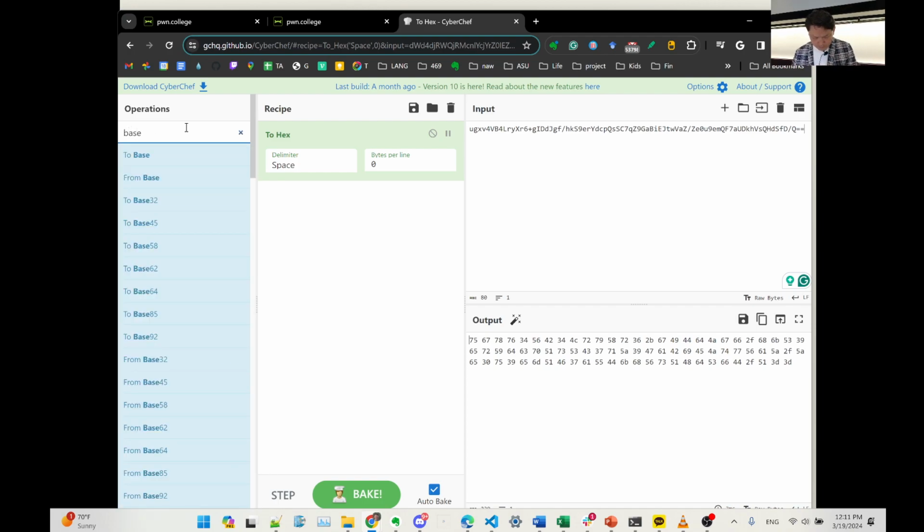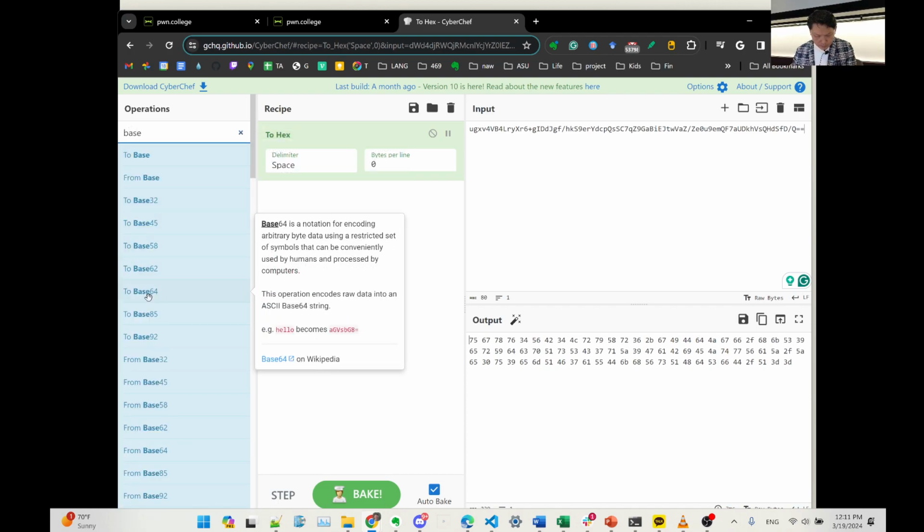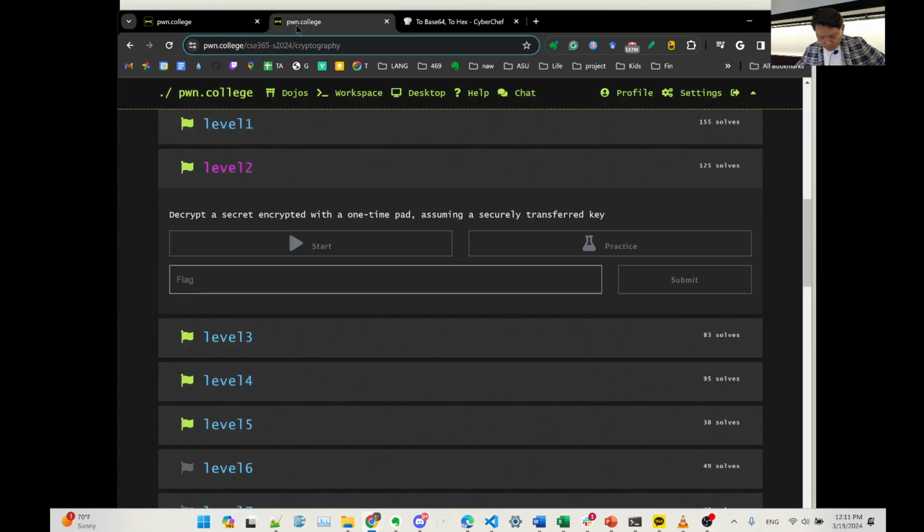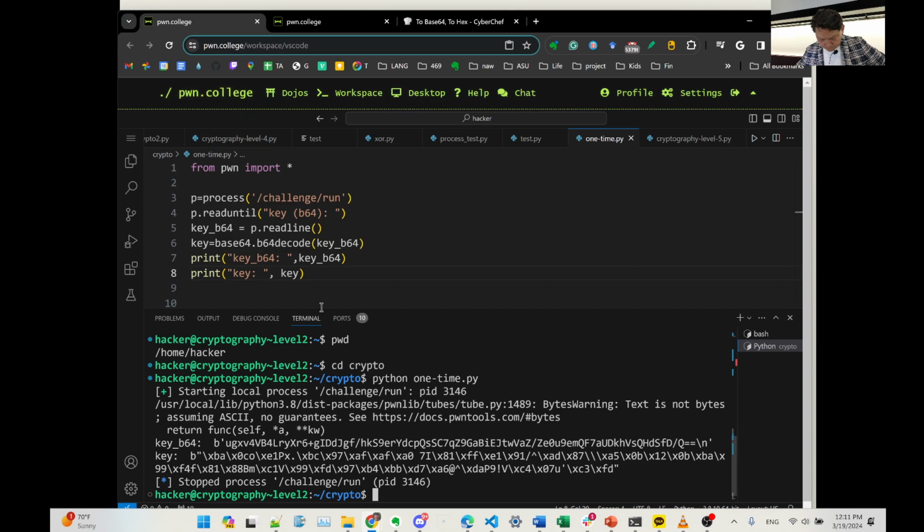Base64. Yes. So in this case, is that correct?